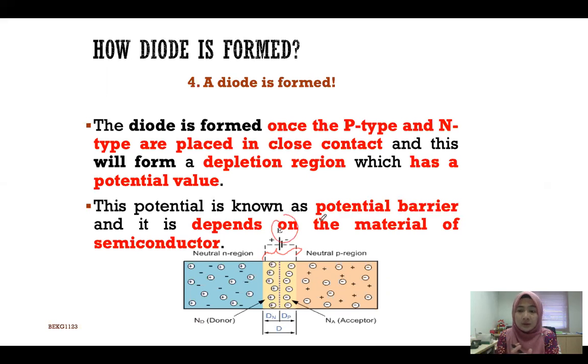Remember what a potential value is? It is similar to voltage. This potential is known as the potential barrier, and it depends on the material of the semiconductor. If you use silicon, then the potential barrier value will be different from that of germanium.